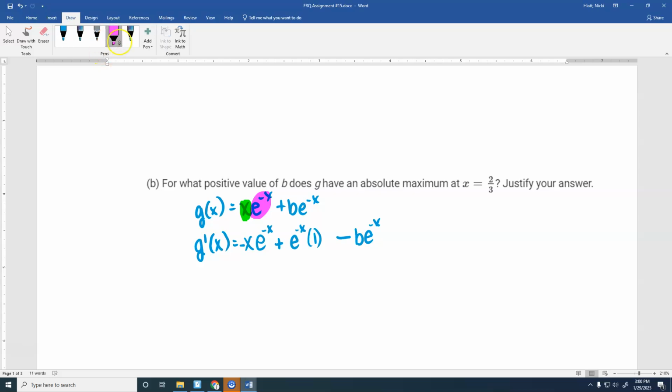I'm noticing that each one of these terms has an e to the negative x, so it would be a good idea to factor out e to the negative x. And that would leave us with negative x plus 1 minus b.